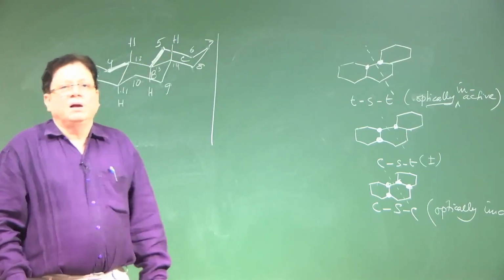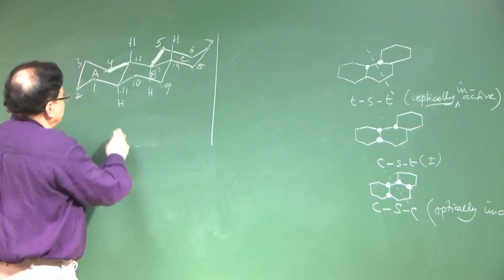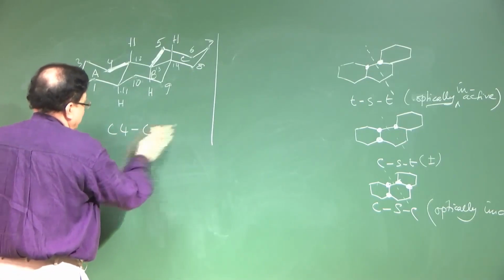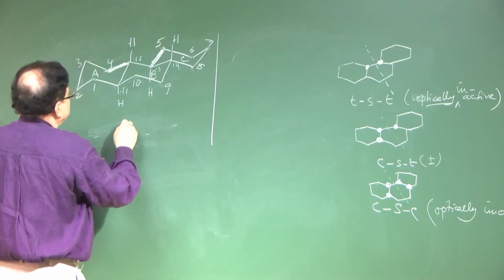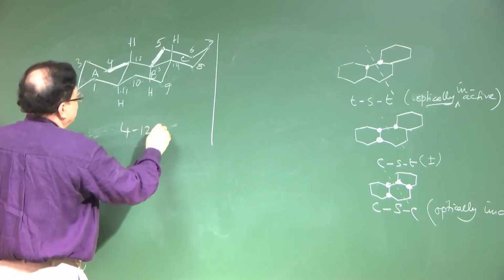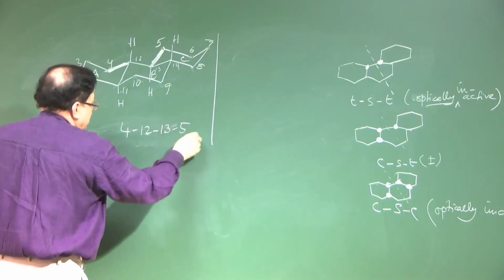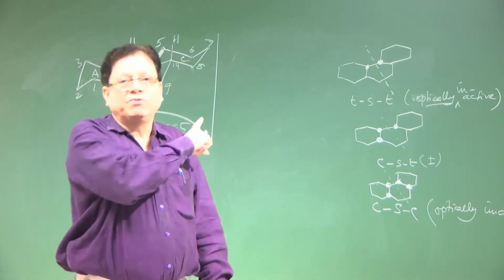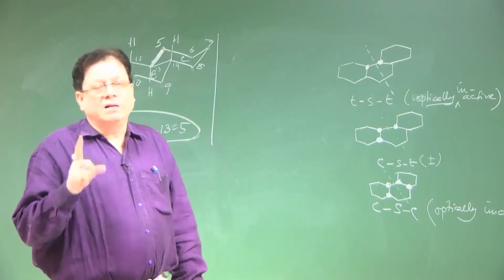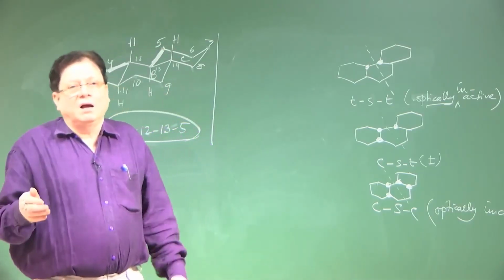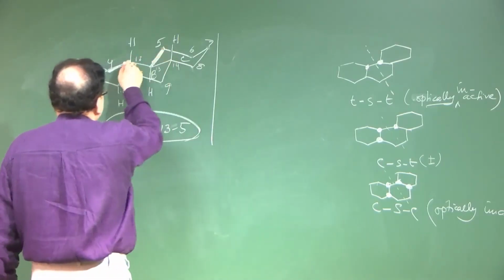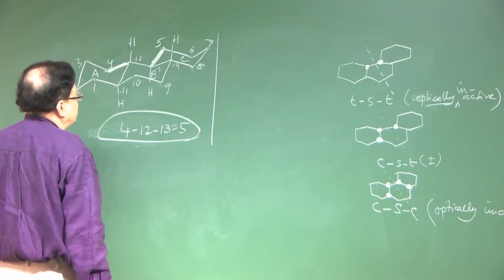This is clear. So, the butane unit that we are talking about is C4, C12, C13 and C5. So, you have to be careful, even if they are in a trans ring junction, whether this butane unit is present in gauche form or not. And certainly they are forming a gauche butane unit.